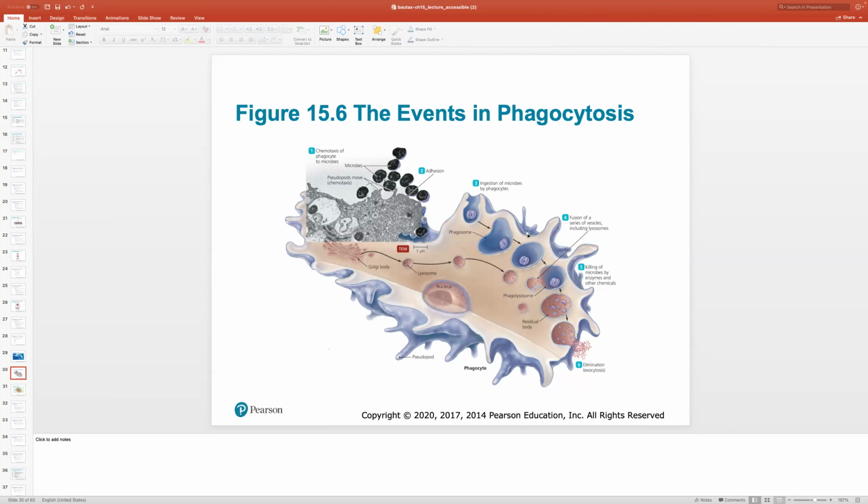We don't see that here. Then it talks about killing, and elimination. So instead of maturation, we've got the fusion of a series of vesicles, including the lysosomes, and then killing. This is where you would have the phagolysosome forming. So the fusion would be the maturation, and then the killing, and then the elimination.